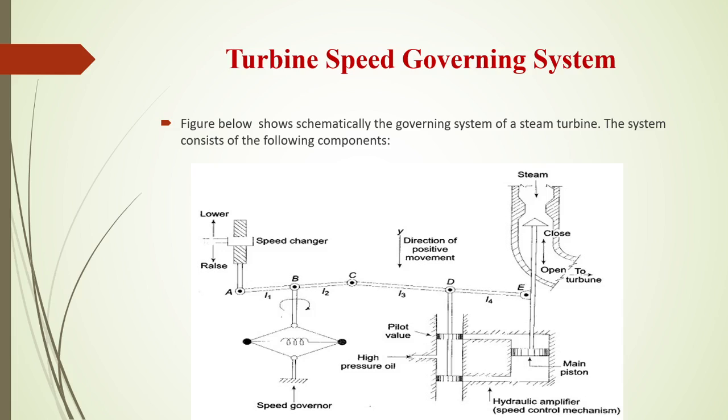With this we will get more steady power output. The reverse will happen with the upward movement of the speed changer. With downward movement more steam will get inside; with upward movement less steam will get inside.